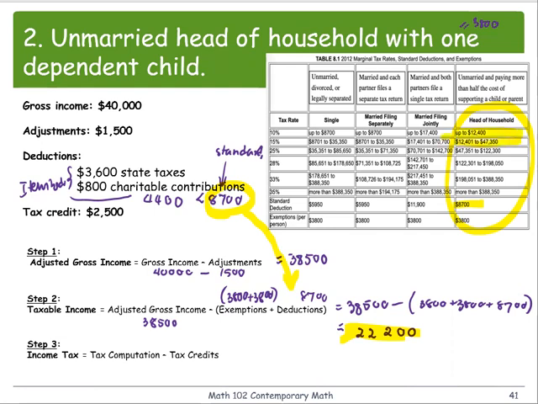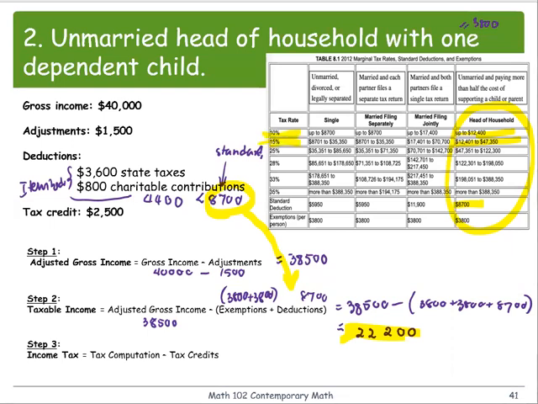So then we're gonna use the two rows to compute the tax value before we subtract it by the tax credit. Okay, so let me clean this up a little bit. So 22,200, that would be the number between 12,000 and 47,000. So we're gonna target on the first two rows.